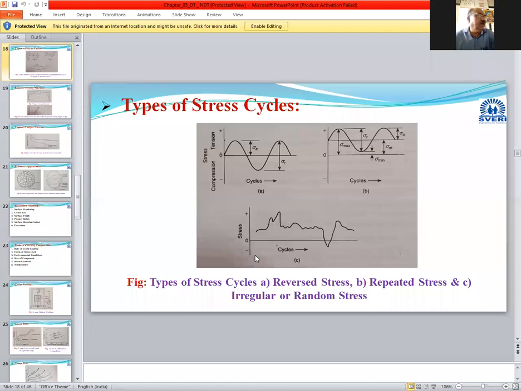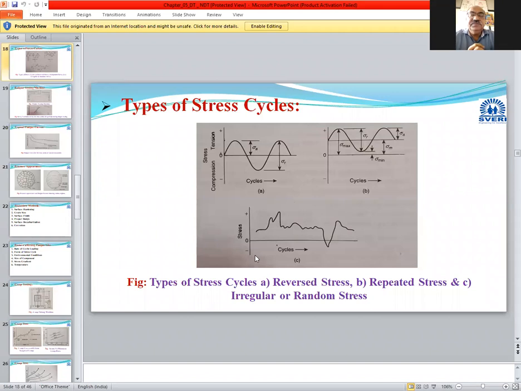And irregular or random stresses will be there. It is shown on the graph. This much is more than sufficient as per your syllabus. It may be repeated, reversed, or random. Okay, so these are the types of stresses in fatigue, and you will have to see graphs like this.